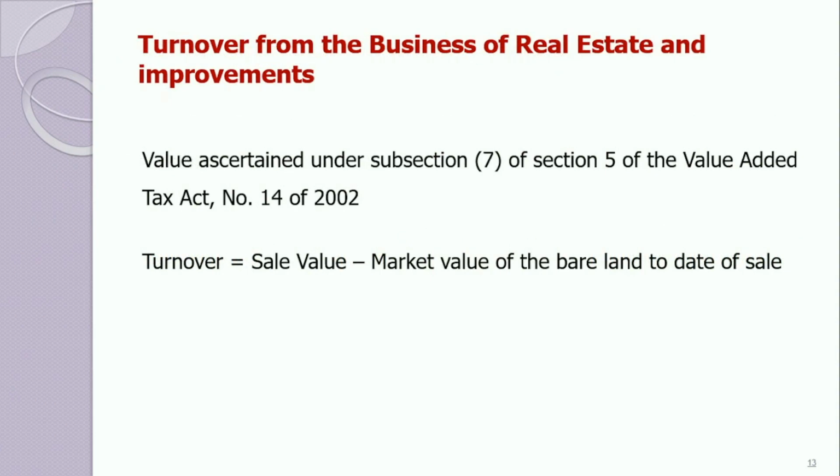Then the turnover from the business of real estate and improvements. The turnover can be ascertained according to subsection 7 of section 5 of the Value Added Tax Act, and you have to take the total sale value and then deduct the market value of the bare land at the date of sale.